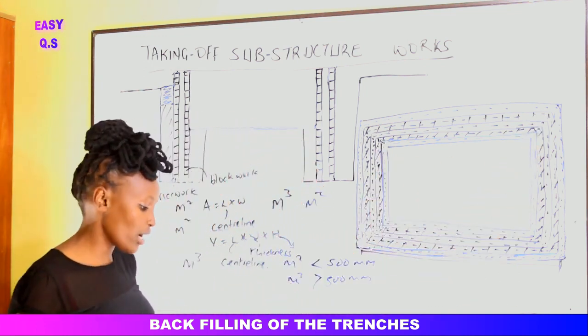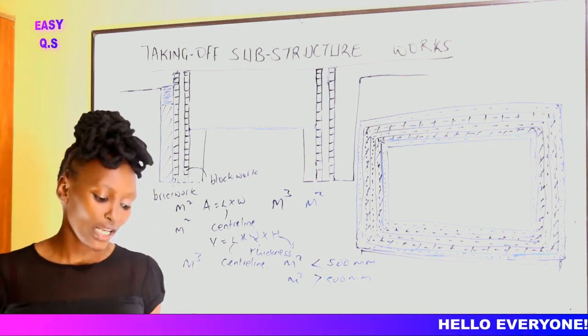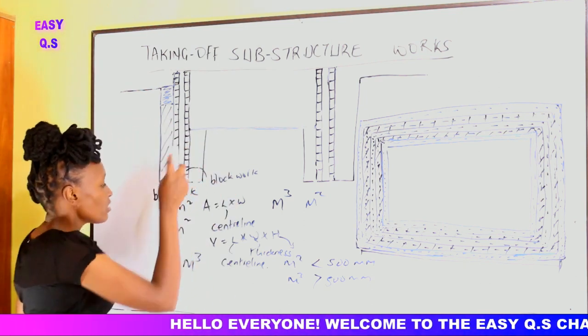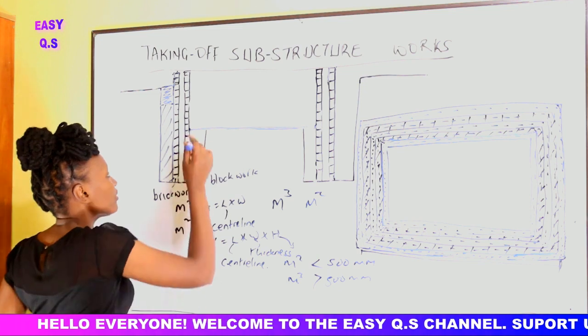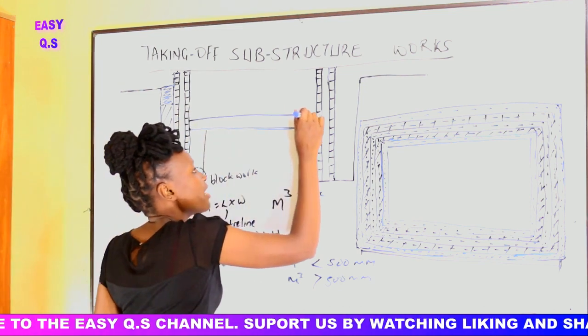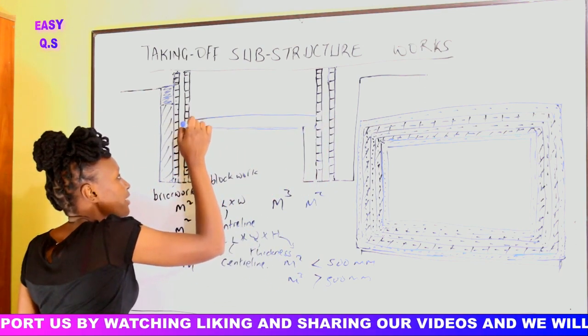So the next item, after compacting the ground, we need to fill to make up the levels with hardcore. Here we had hardcore, and here now we need to do another layer of hardcore. We just compact, then we come and do hardcore here.